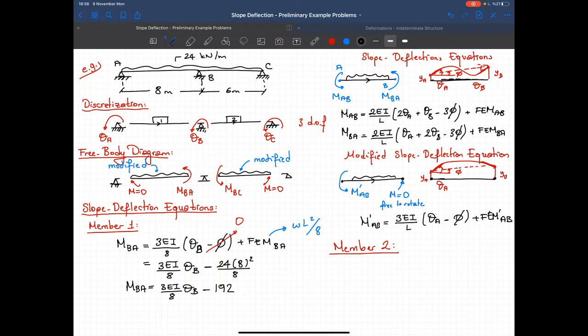I got MBC is equal to 3EI over 6 times theta B minus phi plus 24 times 6 squared divided by 8, and this gives me EI over 2 theta B plus 108.